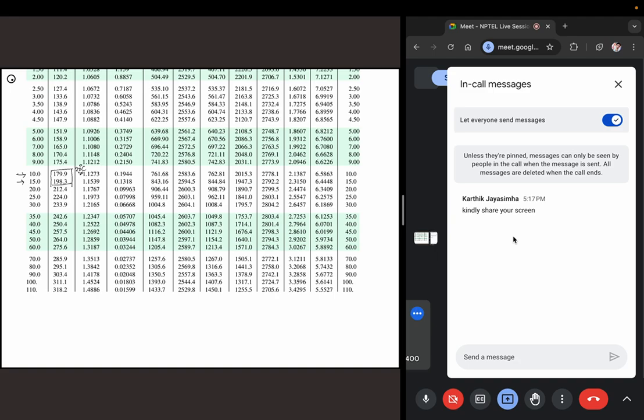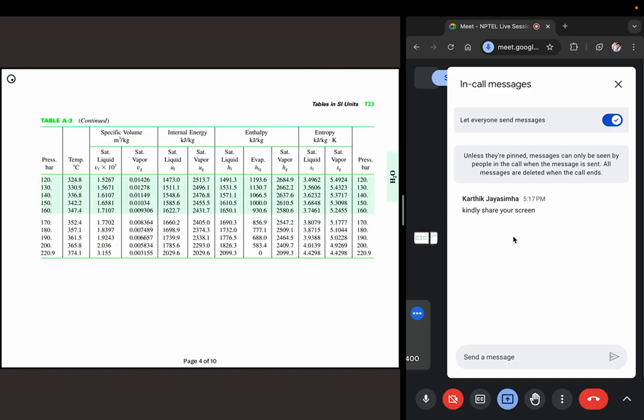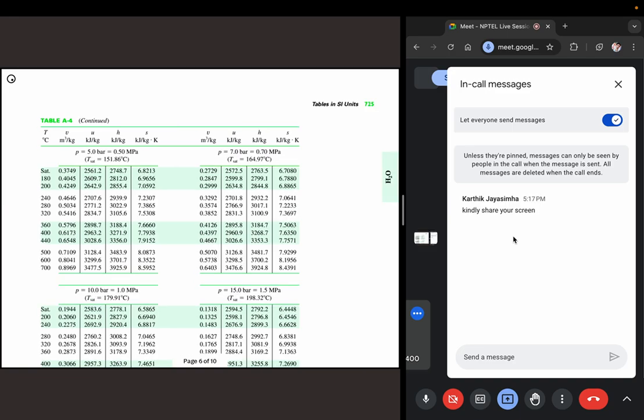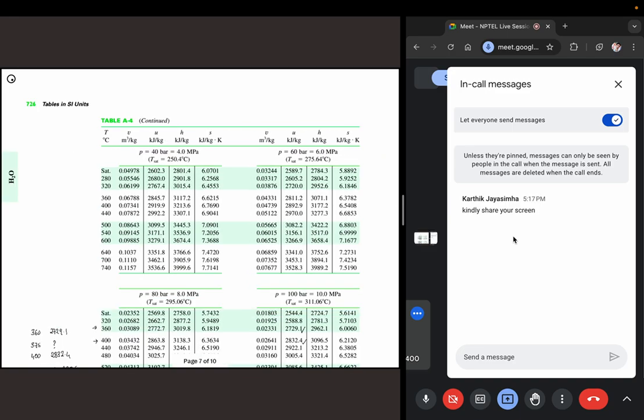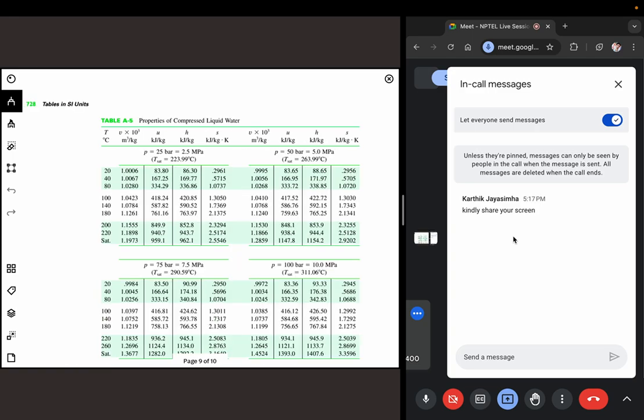So this is the compressed liquid, which is the subcooled liquid phase. Inside the subcooled liquid phase, we can look up the values.